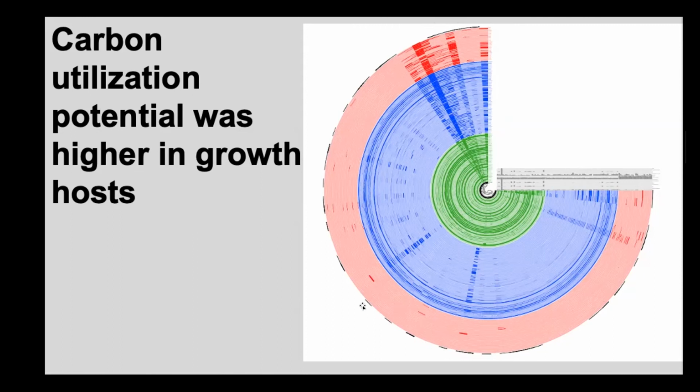Each of these black lines represents a carbon utilization potential, which means that this bacterial population, highly detected in pre-weaning, also has a lot of carbon utilization gene functions. This goes on to make a long, tedious process of working out how this relates to the pig in its early growing stage.